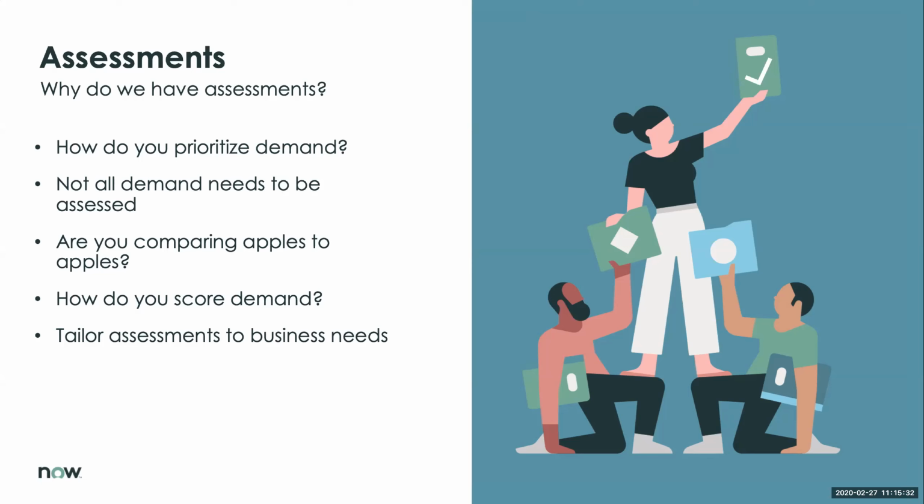When we go through the demo, you'll see how we can use these to score the demand overall. So assessments can be one of those inputs. We're obviously going to look at what financial information we have on this demand, and whether we've said what size of effort we think this is, but we can use that assessment information to help us score the demand.